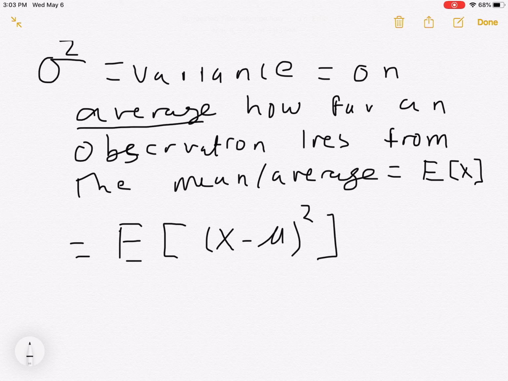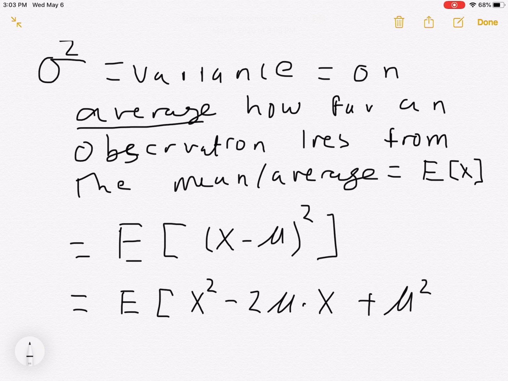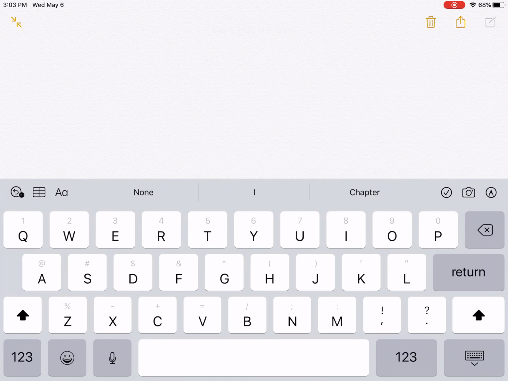And if we were to FOIL this out, this is going to be the expectation of x squared minus twice mu times x plus mu squared. And now there's going to be a couple of facts of expected values that just come from summations. So let me start a new line here.